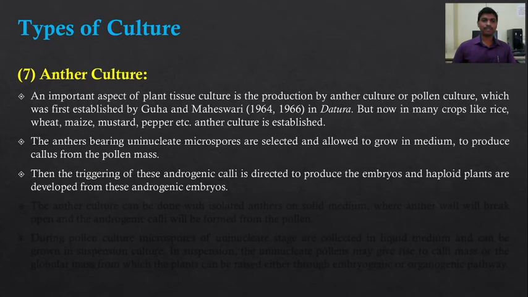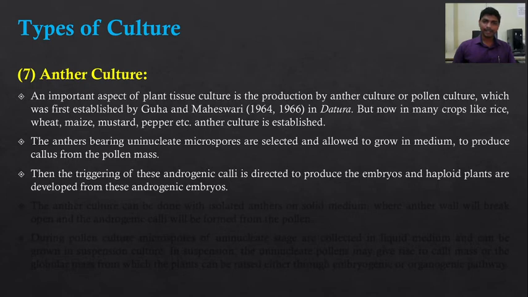These are androgenic calli, androgenic because they relate to the androecium. Pollen has been obtained from the anther. If you see, the androecium consists of anther, filament and connective. Here we are dealing with the anther culture.